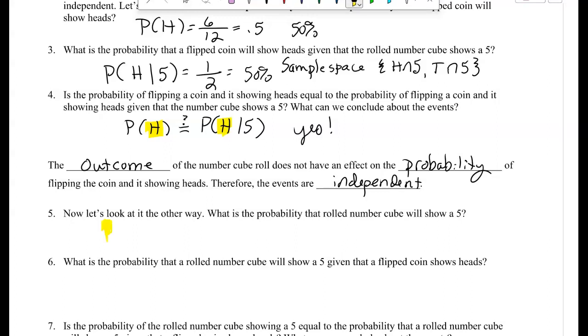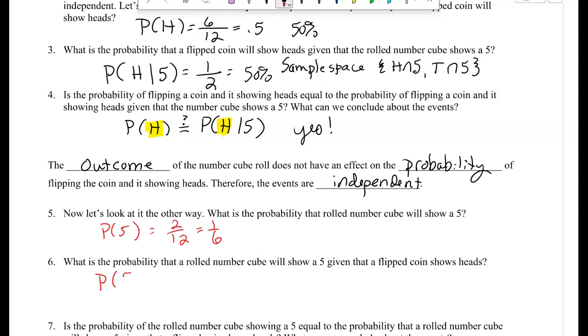What if I have the probability, not highlighted, what's the probability of getting a 5 if I have my sample space, right? What was that going to be? 2 out of what? 2 out of 12, right? Because I have my whole sample space of 12, and then I'm just going to roll a 5. That's 2 out of 12. We know that's 1/6. Would you guys agree with me on that? Okay, now look at the next one. What's the probability that a rolled number cube will show a 5 given that a flipped coin shows heads?